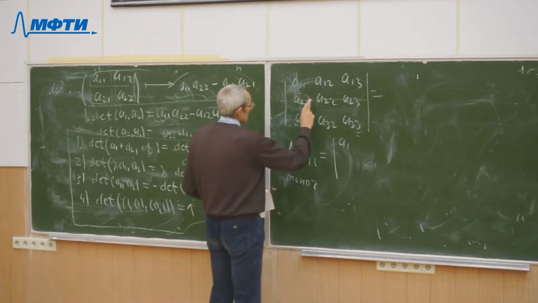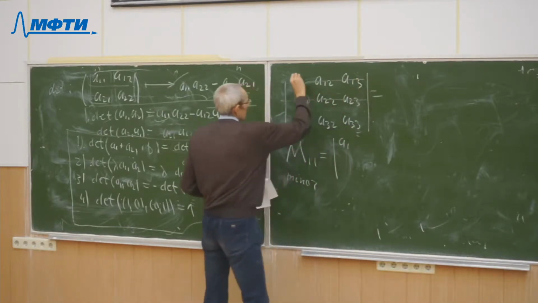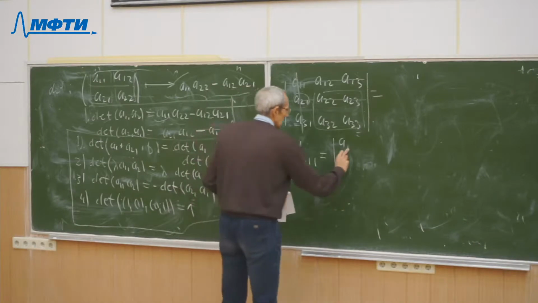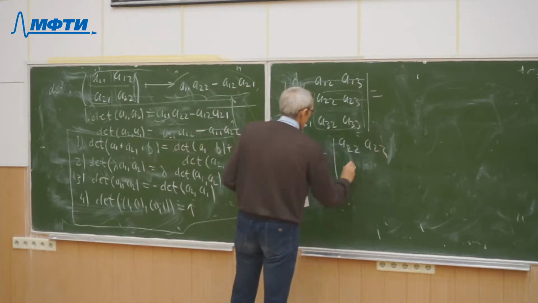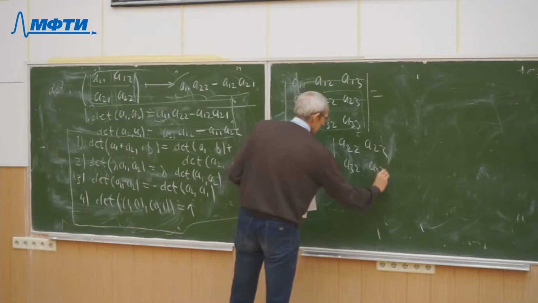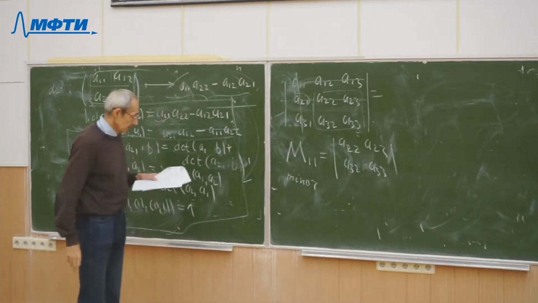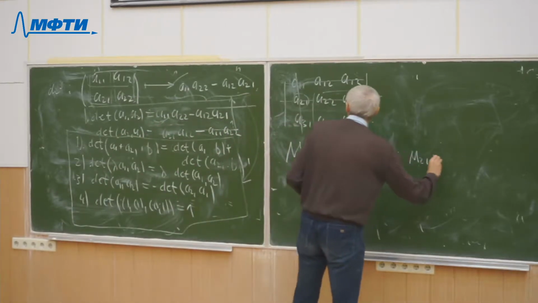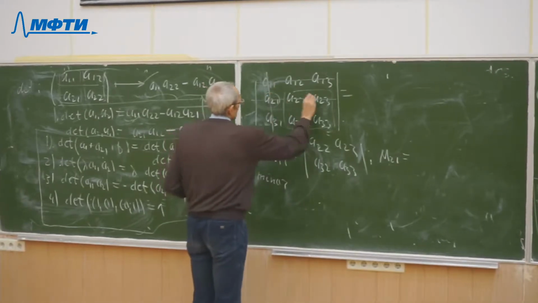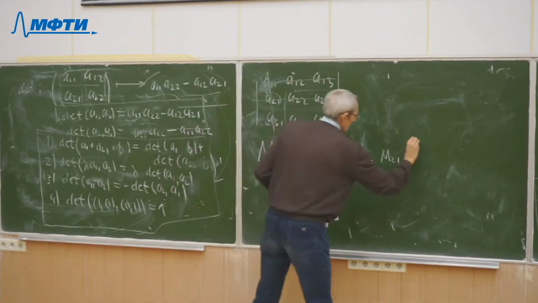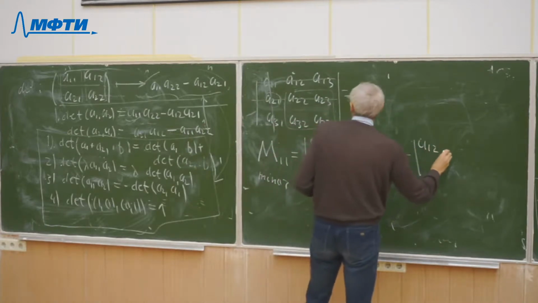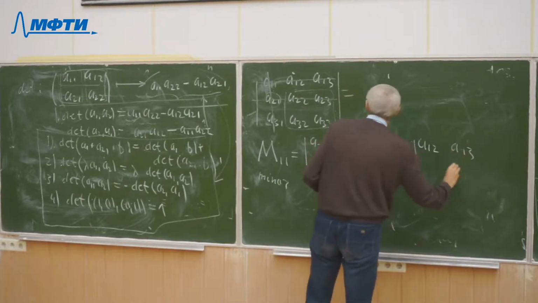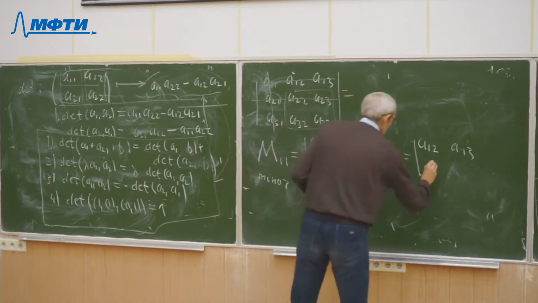In our case, M11, we obtain this determinant: A22, A23, A32, A33. The determinant M11. M21, this determinant: A12, A13, A32, A33.